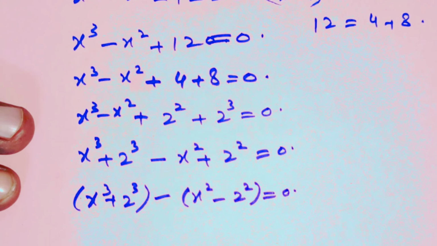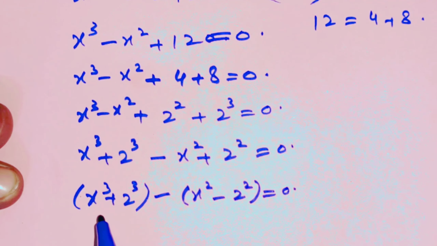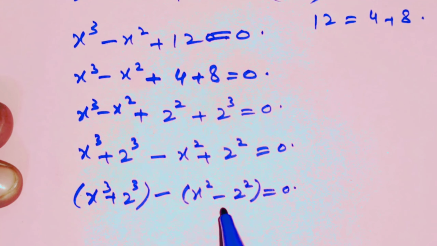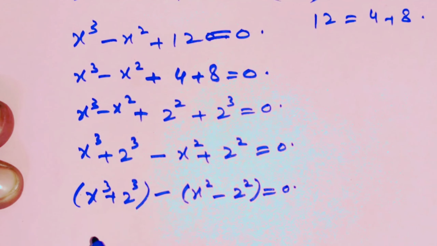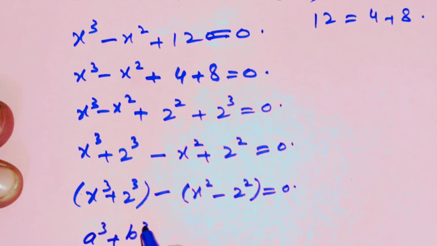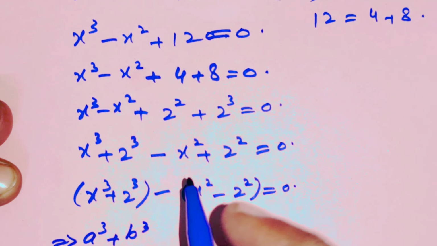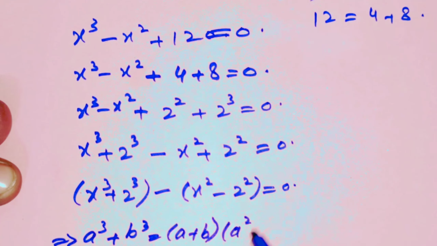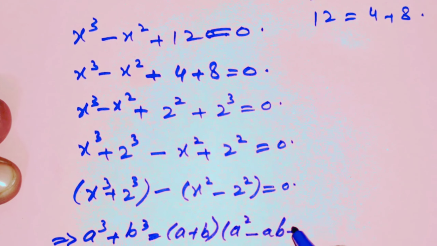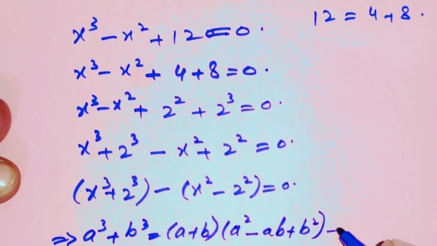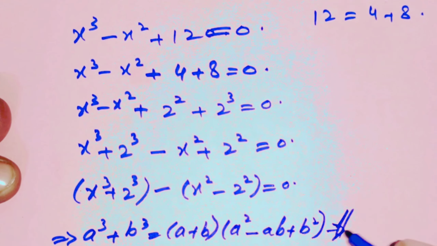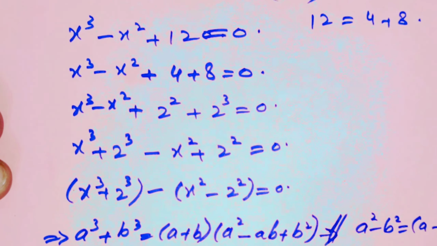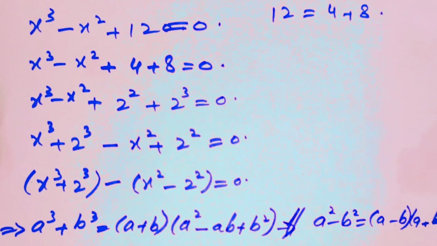Now here we have to apply two formulas: sum of cubes, and here difference of squares. The sum of cubes formula is a cube plus b cube equal a plus b into bracket a square minus ab plus b square, and the second formula is a square minus b square equal a minus b multiply a plus b.